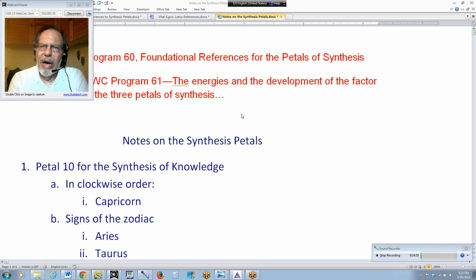And then we'd go on and find Taurus, and we'd find Aries finally for the will synthesis petal. And of course I can make correlations there, but we're not really dealing with a clockwise motion once we get into the synthesis petals. Or, it just occurred to me, or are we?